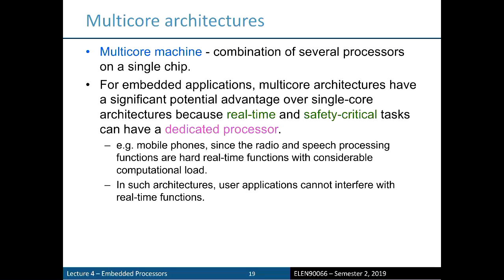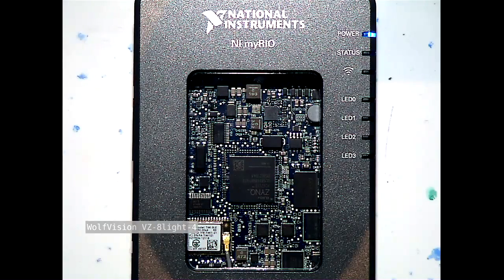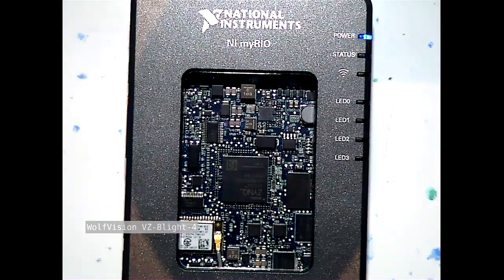Now, a great example of that is the processor that you're going to use for the workshop. The brains of running the robot is going to be this thing here.